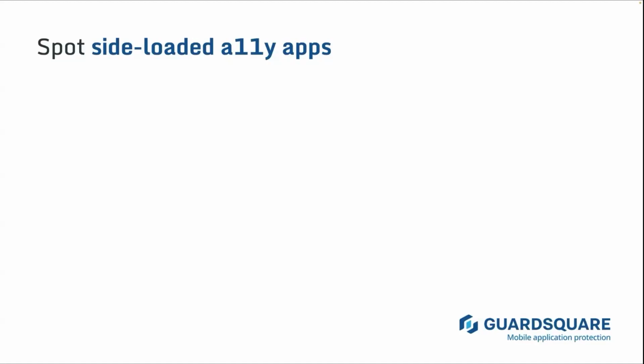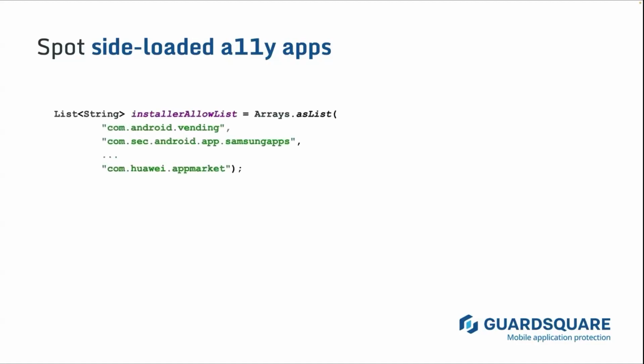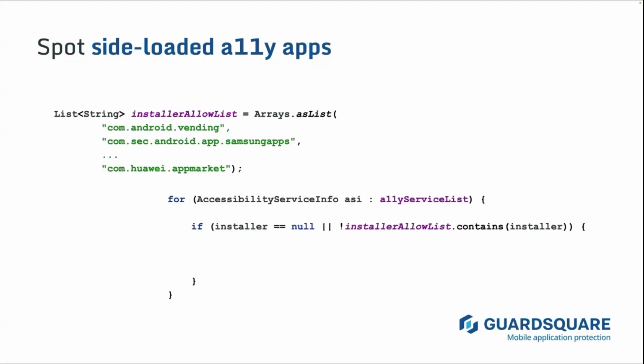So we can use this in order to identify potentially dangerous applications as well. We need to define a list of trusted installers like Google Play Store, Samsung Market, Huawei Market, etc. And again, we will iterate across the list of enabled accessibility services, and check if the installer is in the list or not.